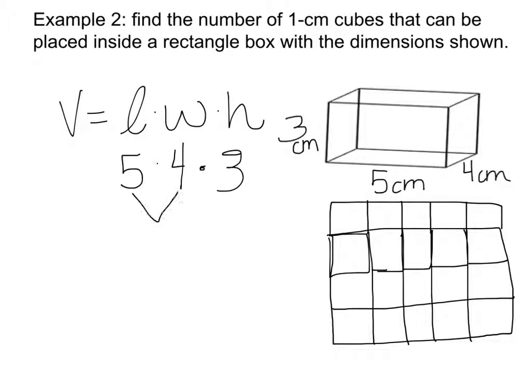When we multiply this, 5 times 4 is 20, times 3, 2 times 3 is 6, add our 0. So we're going to have 60 1 centimeter cubes. To label the volume of this cube, we have centimeter times centimeter times centimeter, so therefore we have centimeters cubed.